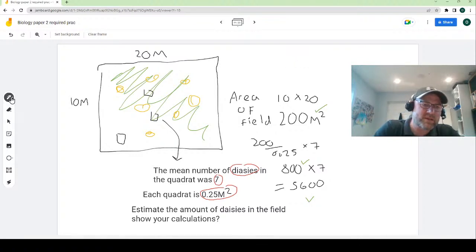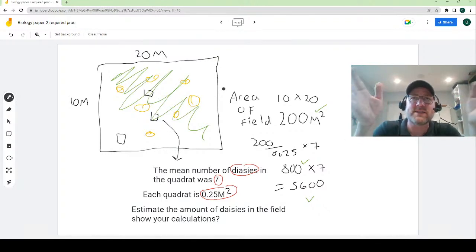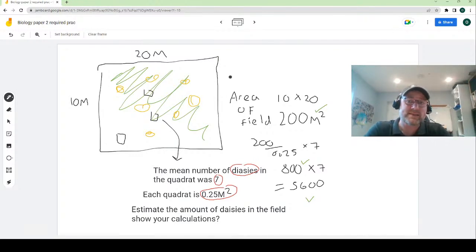Some people make the mistake of thinking 100 centimeters squared is equal to 1 meter squared. It's not. Just because there are 100 centimeters in a meter, when we're talking about a square meter, it's 100 times 100. So there's 10,000 centimeters squared in 1 meter squared.